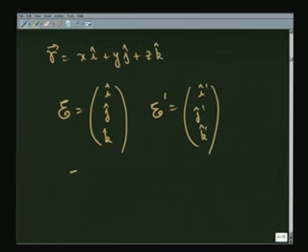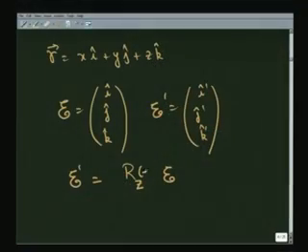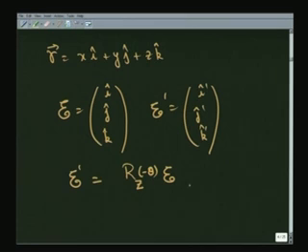Now, E prime will be related to E by a matrix R, but this rotation matrix is not the same as what we wrote originally, that was Rz of theta. In this case, it is Rz of minus theta. In other words, the coordinates of a vector and the basis vectors themselves transform in two different fashions. If that transforms according to R, this transforms according to R inverse, because we already observed that property, R inverse of theta operating on E.